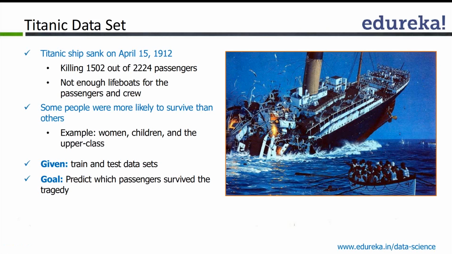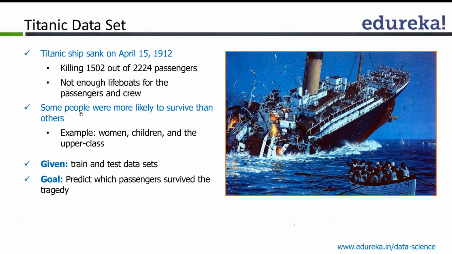If he's an upper class person, he's again likely to survive more than others, and so on. We can incorporate these hypotheses by adding new features, okay? We are going to see all that later, but the goal is to build a classification model that can predict whether a particular passenger will survive or not, okay?